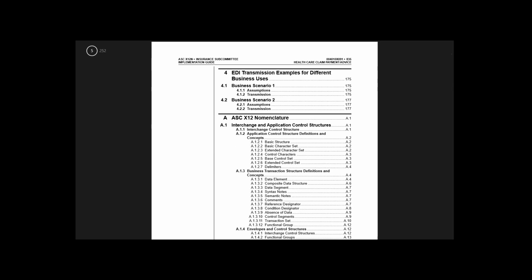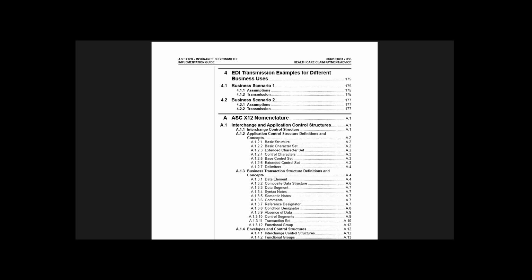Now, let's talk about this document. Number one, again, trading partner agreement. What is your trading partner agreement? Trading partner agreement is the agreement for any 800 transaction.